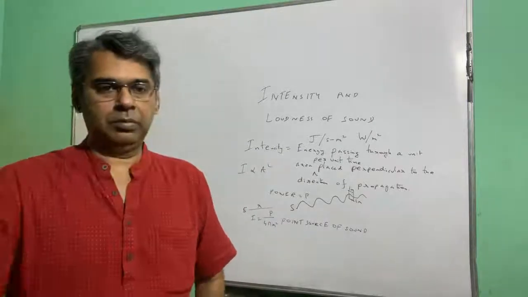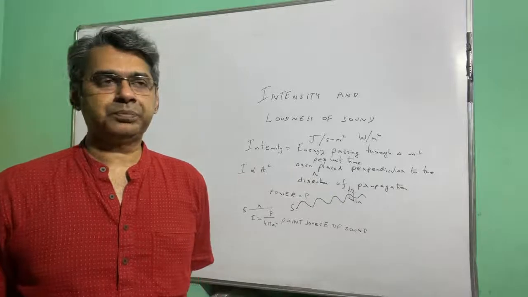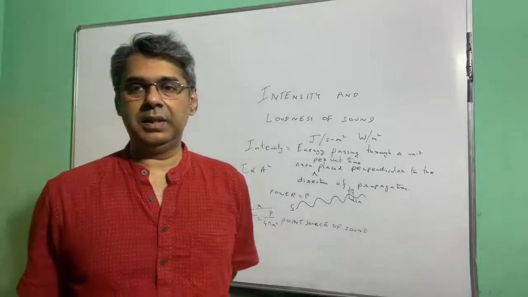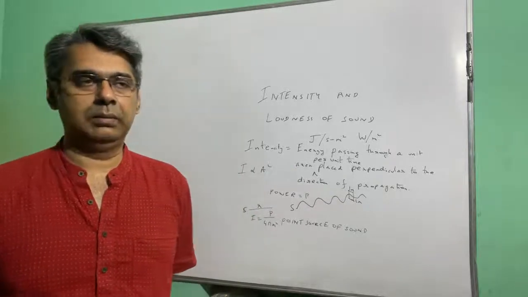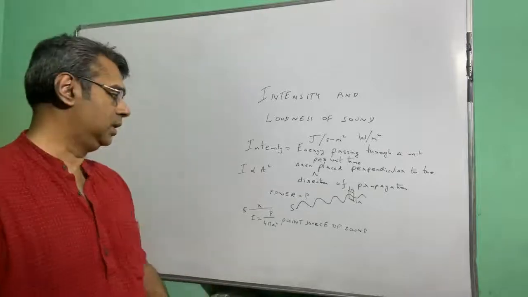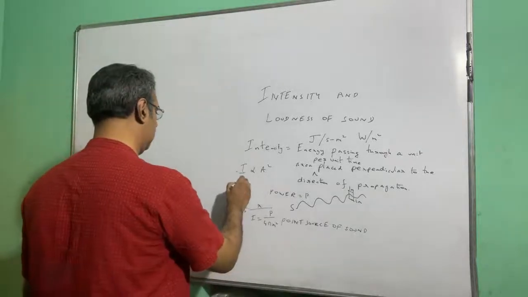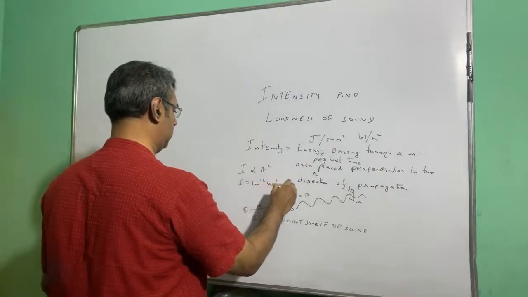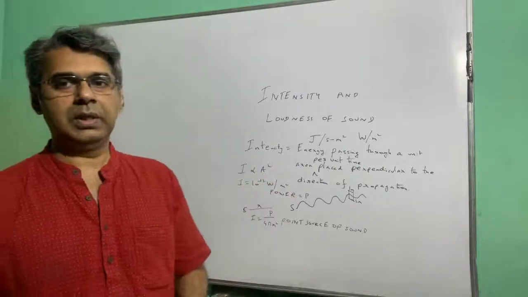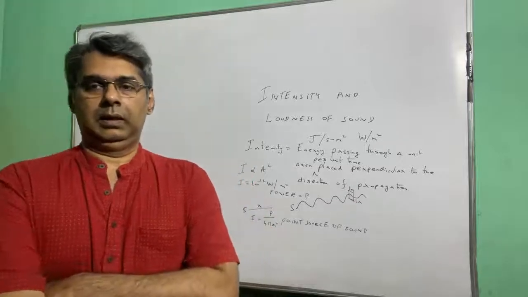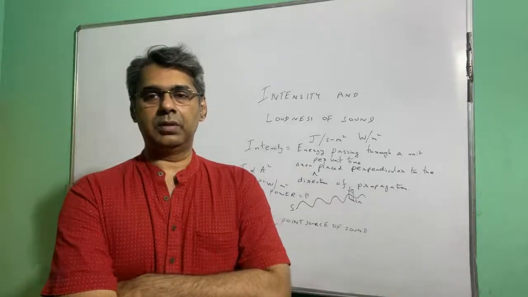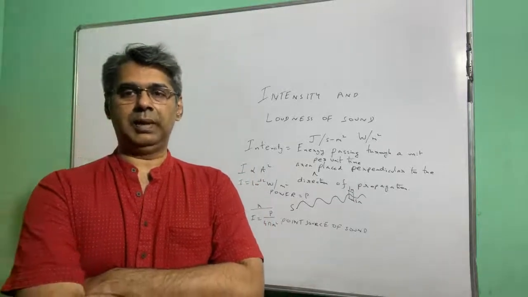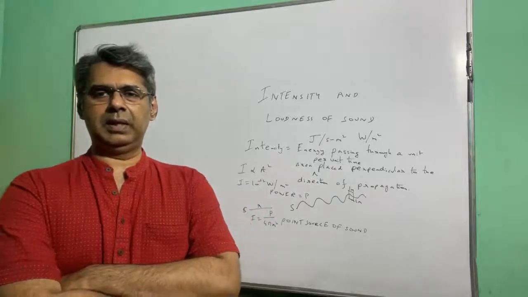Now the problem the scientists were facing is that in day-to-day life calculation, this intensity comes to around 10 to the power minus 12 watts per meter square. So in day-to-day life situations, like two people are talking, it's in the range of 10 to the power minus 12, which is very, very low.